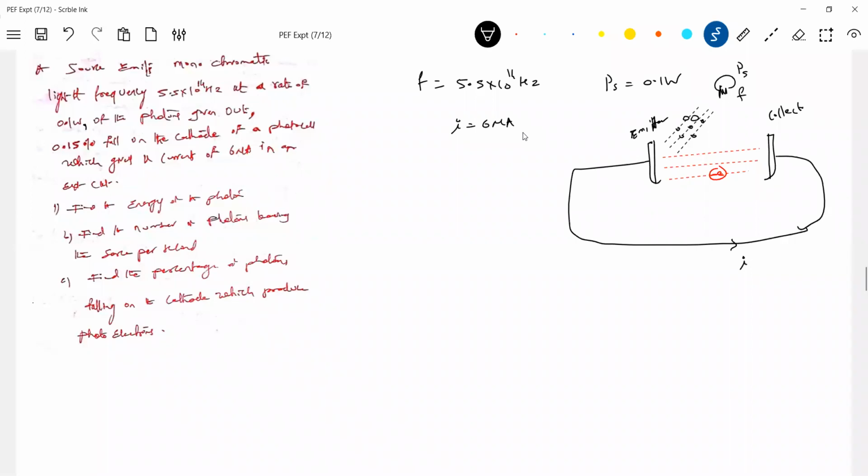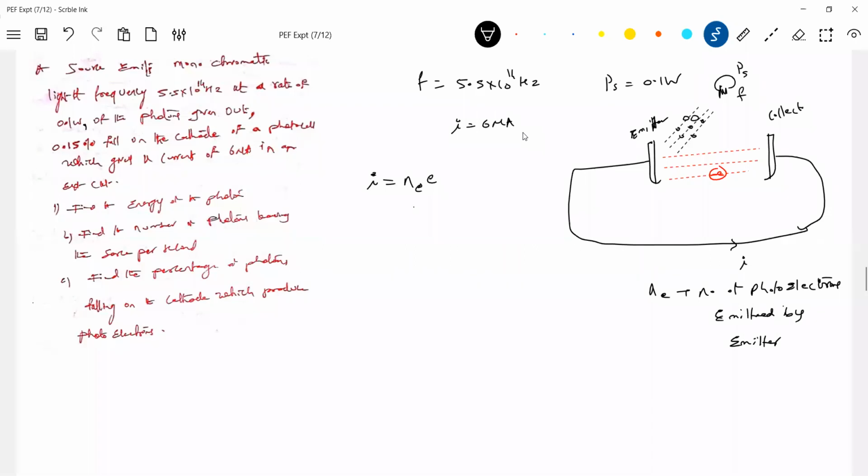First of all, can we calculate how many photoelectrons are generated by the current? Because what is the current? Current is equal to the number of photoelectrons times the charge of the electron, I = Ne, where N is the number of photoelectrons emitted by the emitter per second.